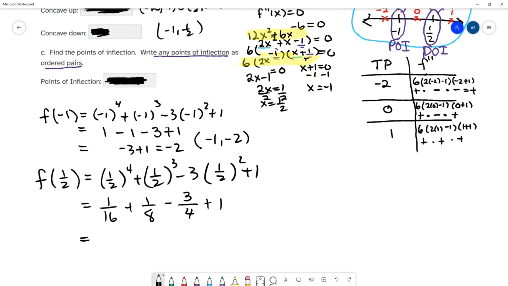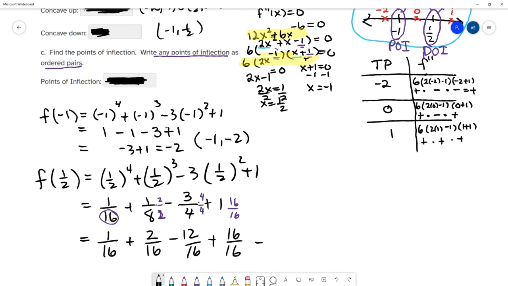So I'm going to add these guys together, getting a common denominator. Since I've got 16th being the biggest one, I'm going to multiply by 2 over 2, 4 over 4, 16 over 16. You get 1/16 plus 2/16 minus 12/16 plus 16/16.